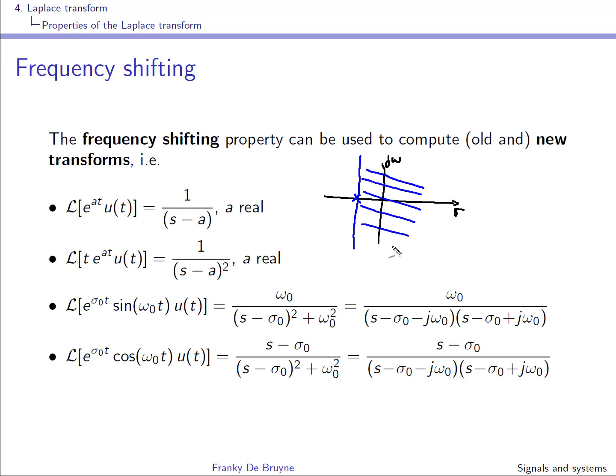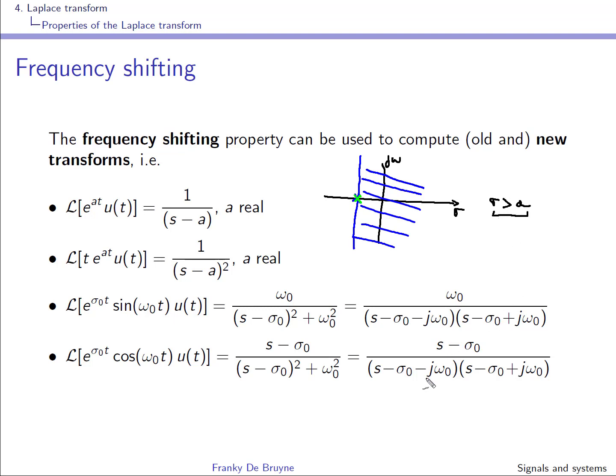This indeed corresponds to what we had said: in this case the region of convergence is sigma larger than a, right? For this example, it will be the same. What you will have is a second pole at the right spot on top, so this will lead to the same region of convergence.